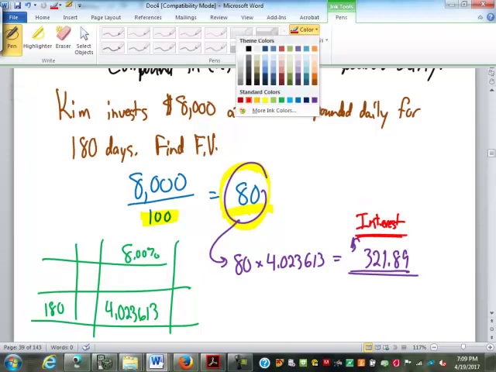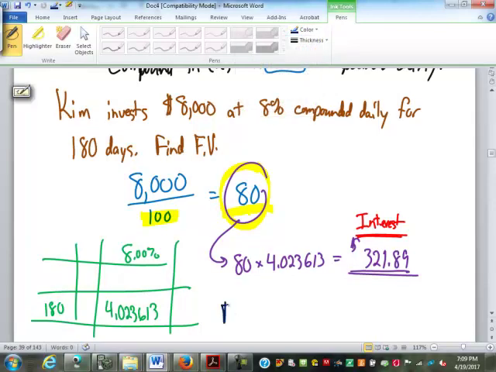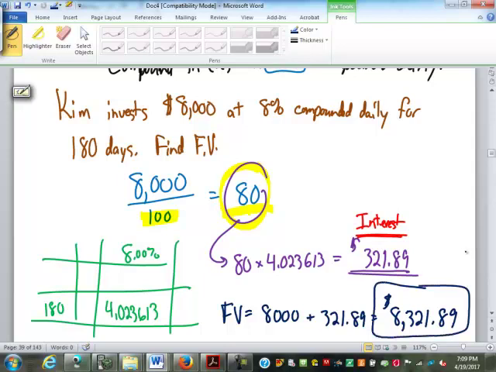To find the future value, we need to take the present value of $8,000 and add the $321.89 to it. So that future value, the ending value, is going to be $8,321.89. So as you can see, that table is a real pain to use.